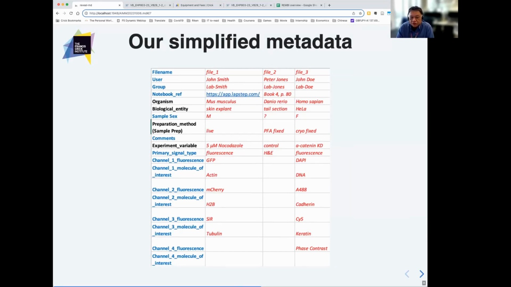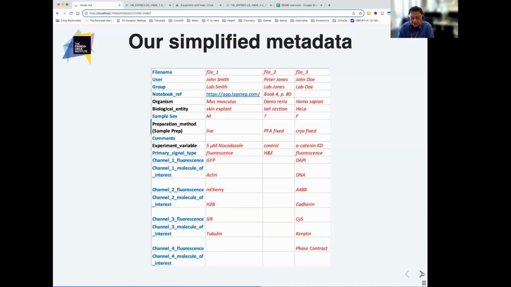The blue one is what we think we want to have, examples of what we want to annotate, and we want our users to annotate like that, such that when we have an image, we can tell what we're looking at, what type of dye or fluorescent they used, etc.